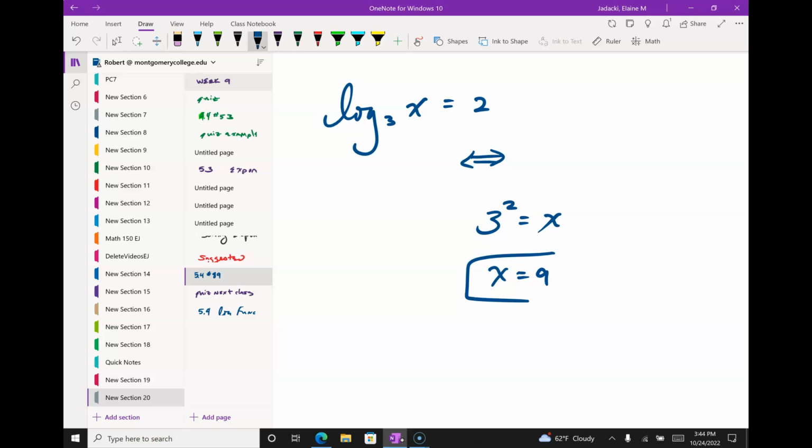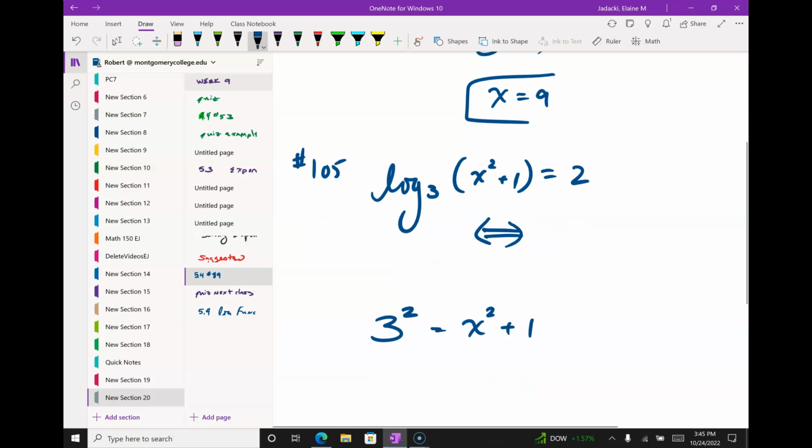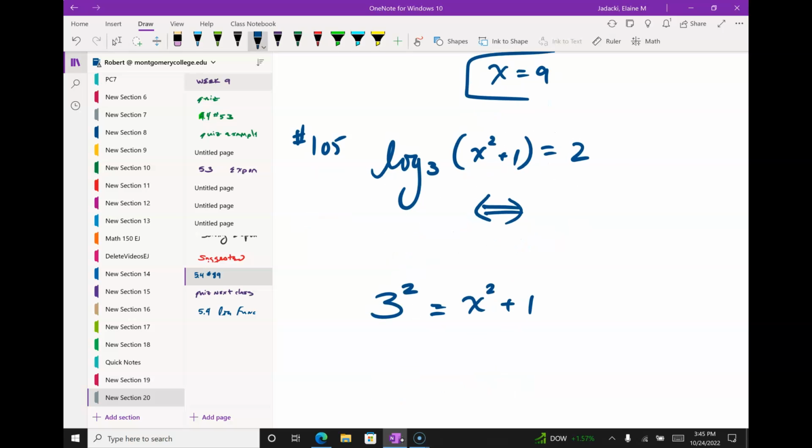Let's do 105. Log base 3 of x squared plus 1 equals 2. What's the base? What's the exponent? What's the argument? x squared plus 1. So x squared must equal what number?